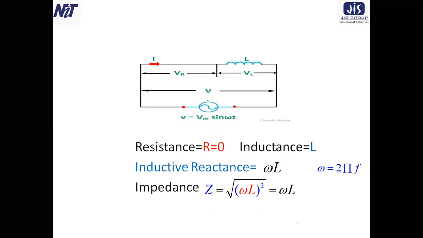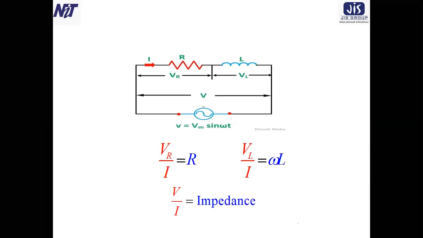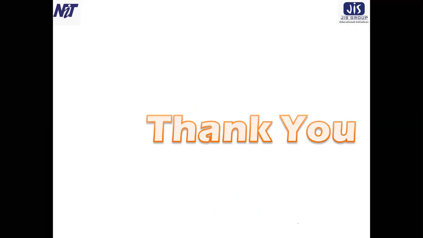If R is not there, what will be the value of Z? If L is not there, what will be the value of Z? And then the value of the resistance, the inductive reactance, and the impedance of the circuit. So thank you all.